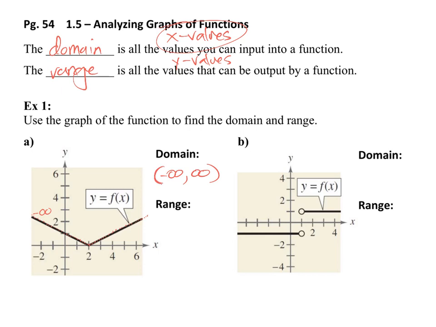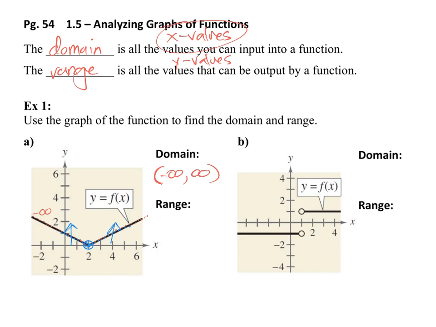Now for range, what's happening here? Let's look at the y values that are covered by the graph. At this point, the y value is 0. There aren't any points below 0. So I'm starting at 0, and then the graph starts to rise on both sides, going both directions for x.